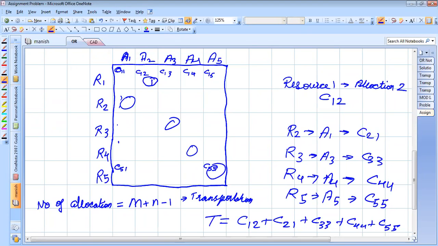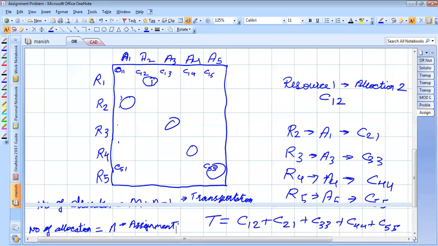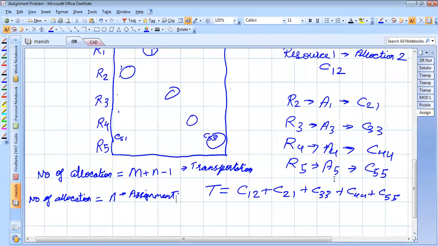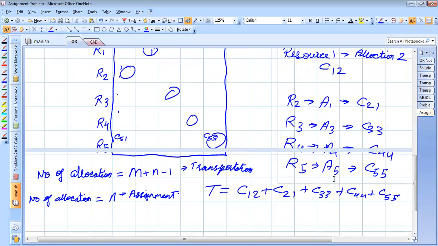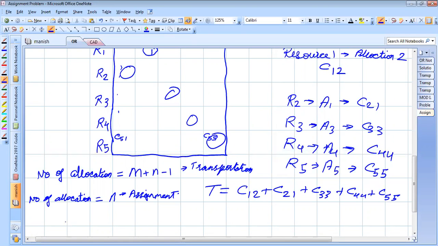Since it is an assignment problem, in assignment problem, number of allocations should be equal to n. What does this mean? This means that each and every resource is being allotted to each and every allocation. If this is not equal to n, then it is degeneracy here.